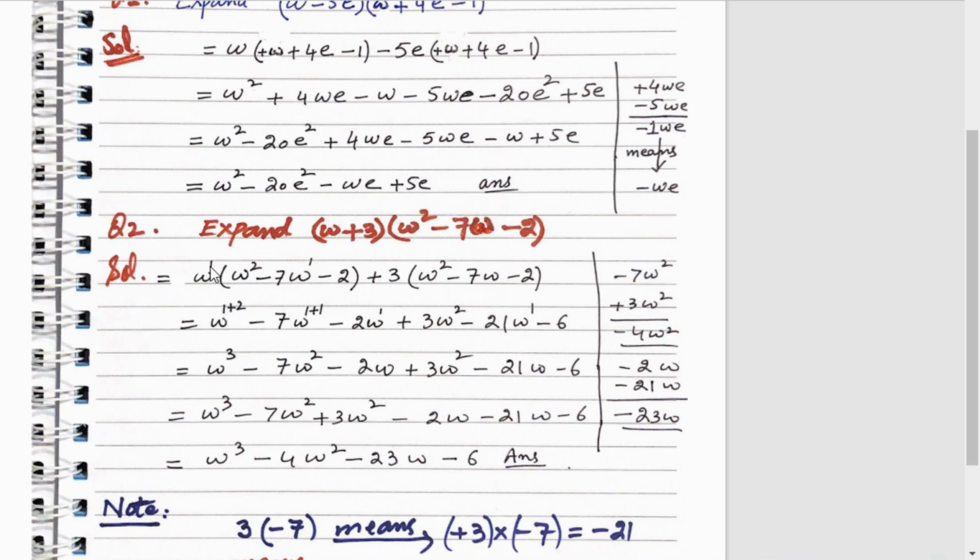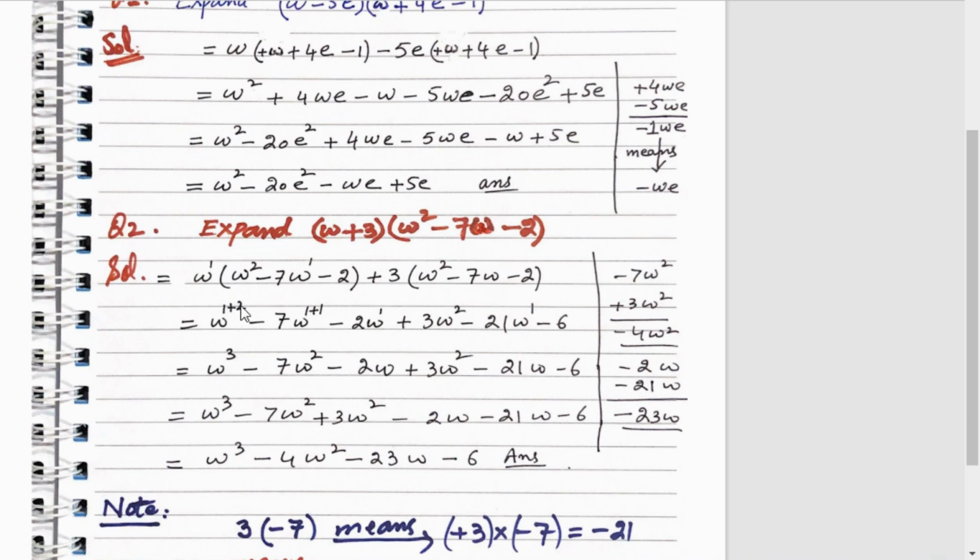w raised to power 1 and w square are the same variables, and between them there is a bracket. The bracket is asking you to multiply w raised to power 1 with all the terms inside one by one. w into w square will be w raised to power 1 plus 2.